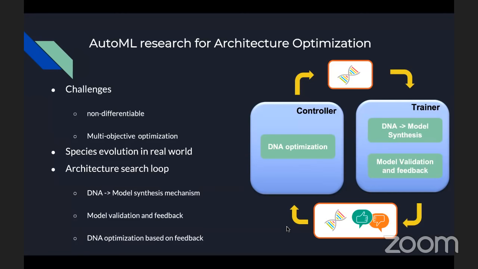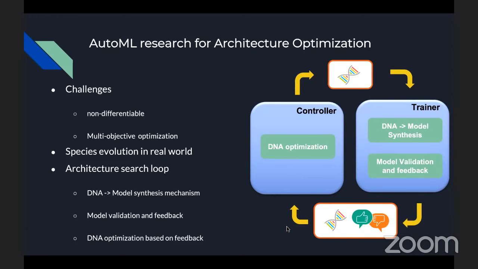So this problem is a little bit like species evolution in the real world. Our idea is like this. We have two players here. One we call the controller, and the second is called the trainer. The controller is like a very smart guy. He generates different DNA for this species, and the DNA is kind of like protein synthesis.